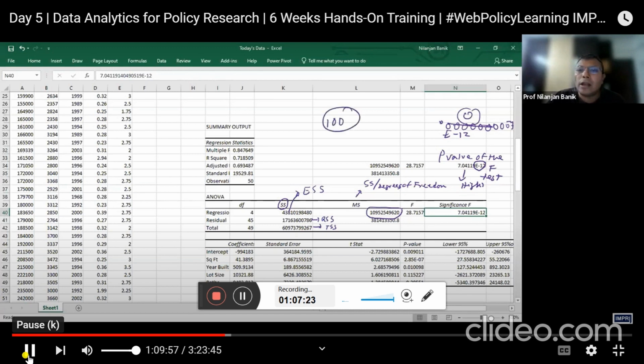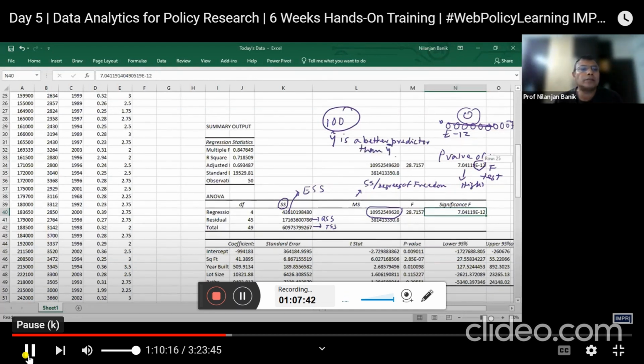So what it's telling me is, if I have 100 as the sample size, out of 100 times, Y hat is a better predictor than Y bar. What is Y bar?